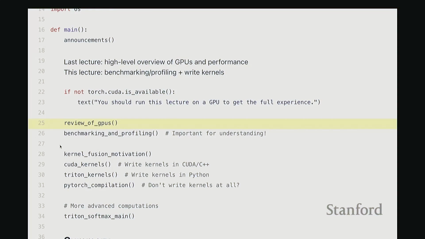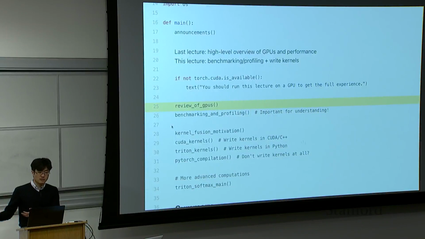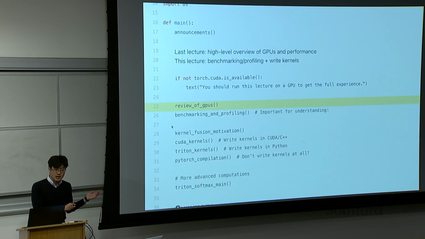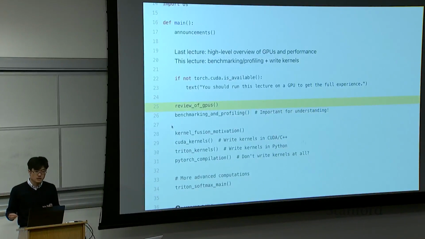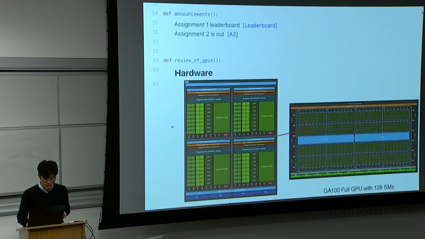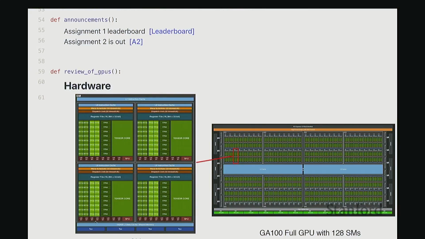Yes? What was the function of warp? What was the function of, sorry? Warp. A warp is essentially a group of threads that get executed together. And the reason why warps exist is that they reduce the amount of control machinery that's needed. Because you're executing all these threads at the same time, you don't need a control thing for each thread. You need them for blocks of 32. Right? And so you see, for example, there's a lot more compute units than there are warp schedulers.